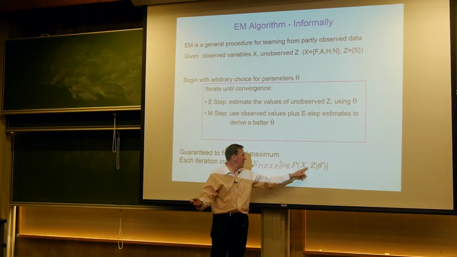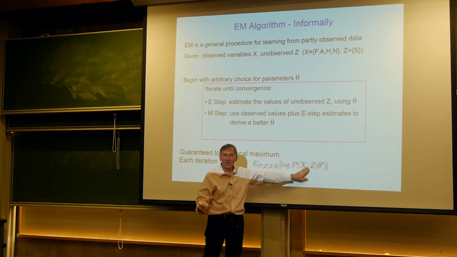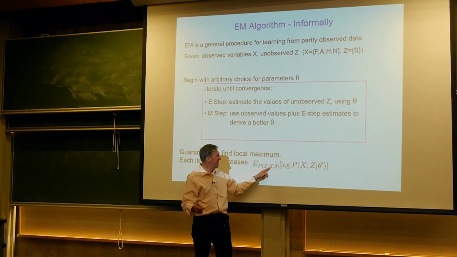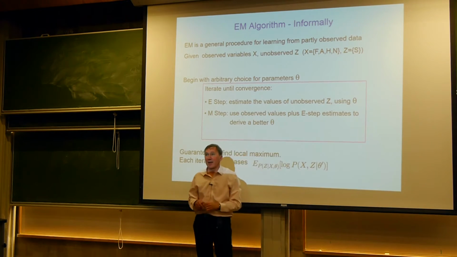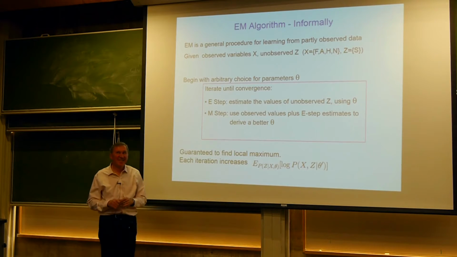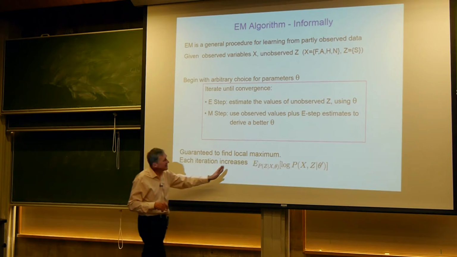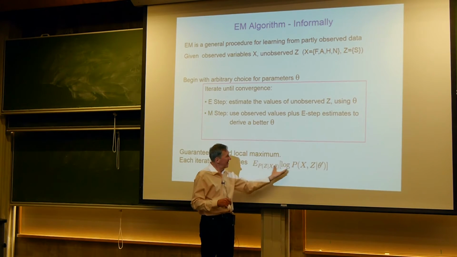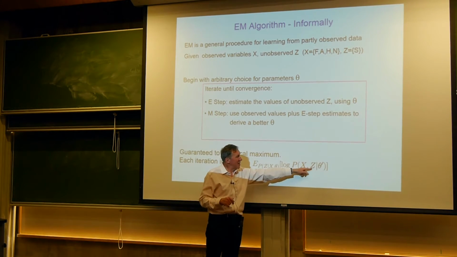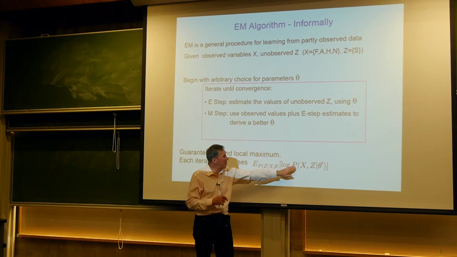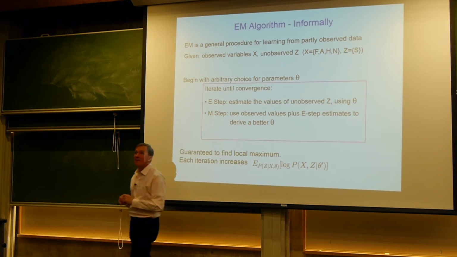But since we can't really observe those, it's really the expected value of this joint data likelihood using this conditional probability as prescribed by the Bayes net. So on every iteration, this quantity gets higher and higher, meaning that the values that we're estimating for the unobserved variables and the thetas that we're estimating make the whole joint probability more likely.